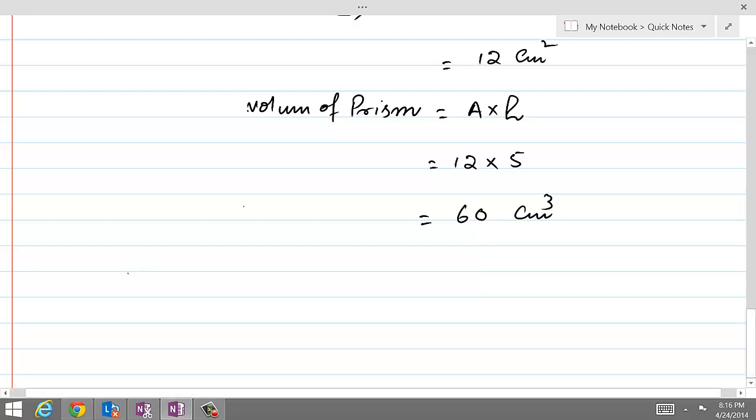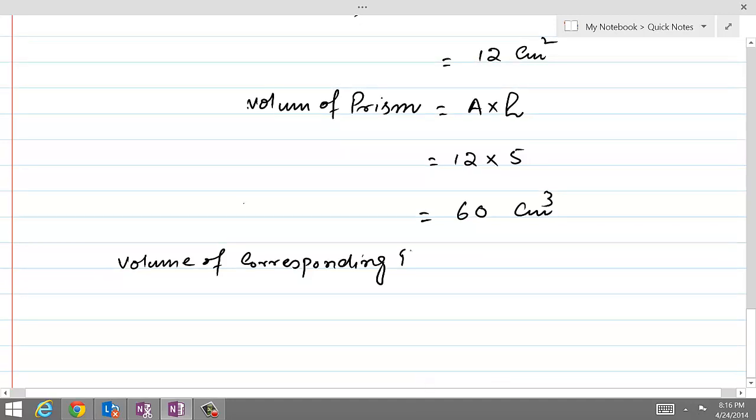So volume of the corresponding pyramid is equal to 1/3 of the volume of the prism, and this is equal to 1 by 3 times, what was the volume of the prism?